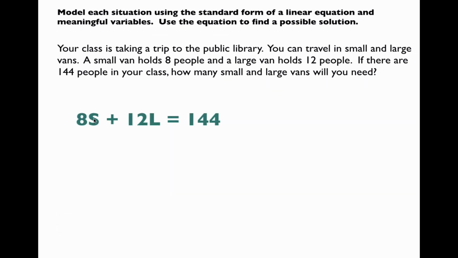So you should have come up with something like this: 8 times S plus 12 times L equals 144. The number of small vans times 8 people per van plus the number of large vans times 12 people per van equals 144. So that tells us the total number of students in small vans, the total number of students in large vans, and 144 is the total number of students in the class.